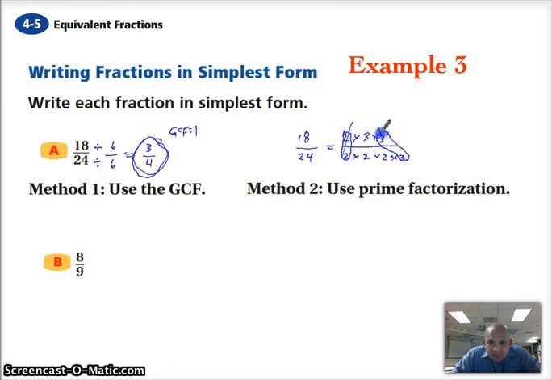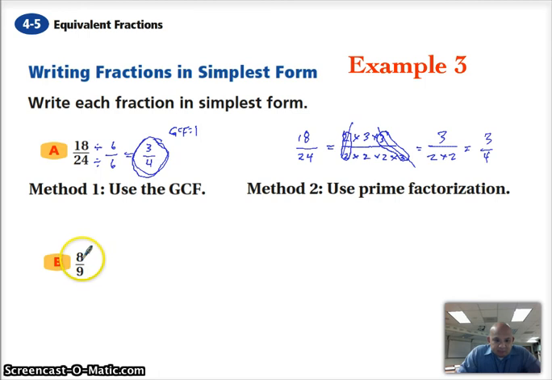And I'm going to knock those out, because 2 divided by 2 is 1. 3 divided by 3 is 1. And so that leaves simply 3 over 2 times 2, which is 3/4. So you can come to simplest form using prime factorization here.